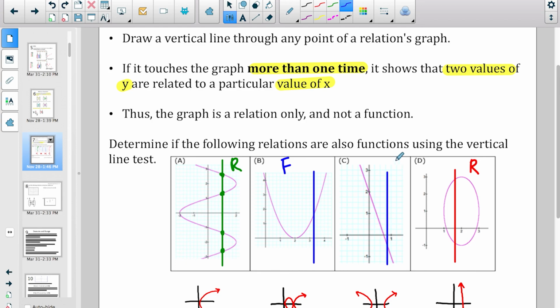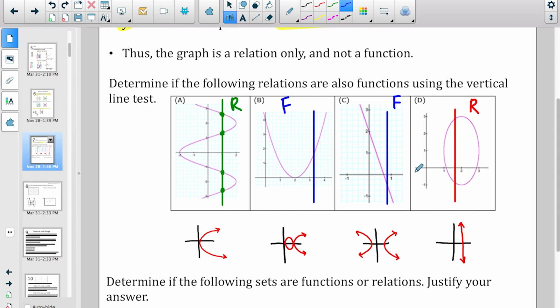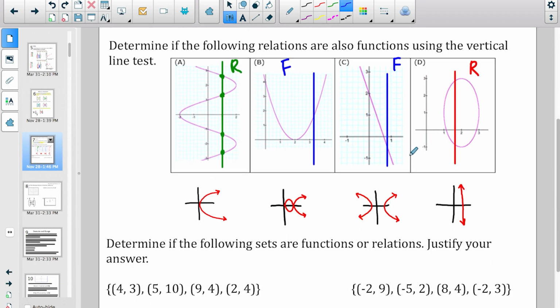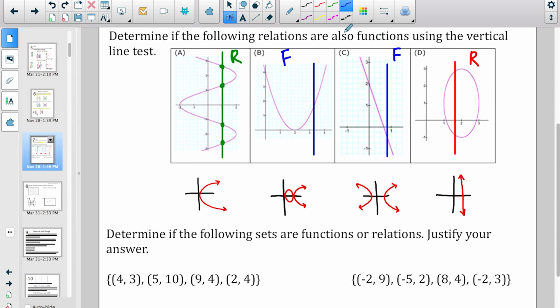We said that this was a function, and we can take a look at some of our other examples. So a few of these are a little bit trickier, but we'll take a look. If I draw a vertical line through here, we can see very quickly again, this will be a relation because it crosses through at 2 different points.